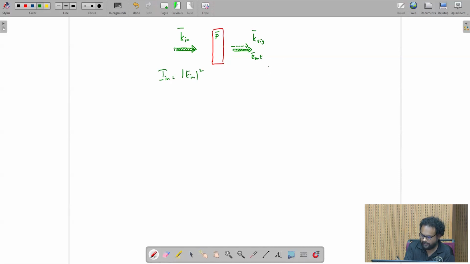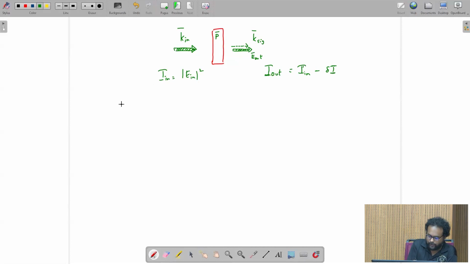I in square. So I out, we already know this intuitively because we know what happens when you send light through a light-absorbing medium. Light is absorbed. So I out will be slightly lowered, right? So some I in minus delta I. So again, classically we know how to do this.